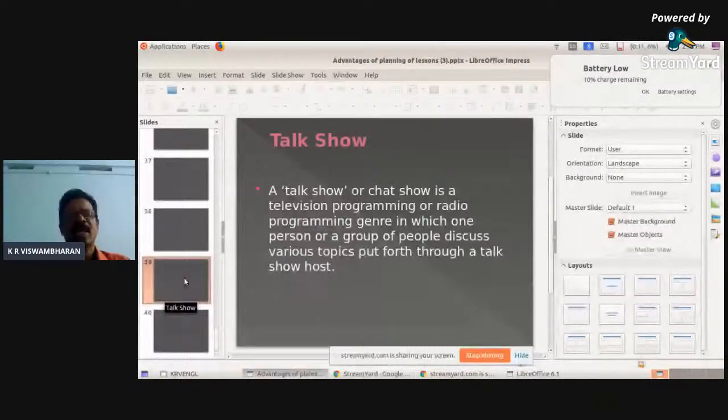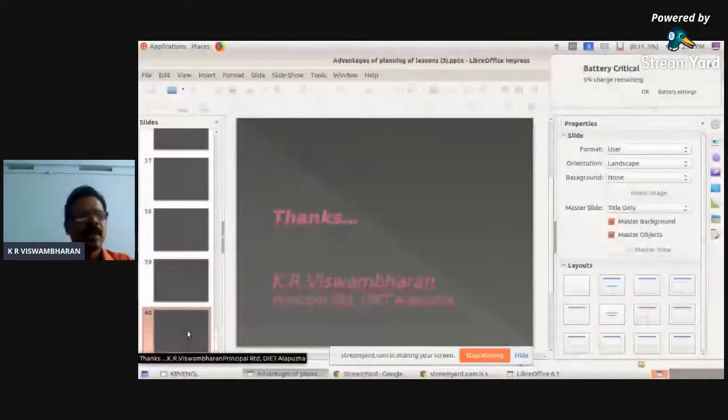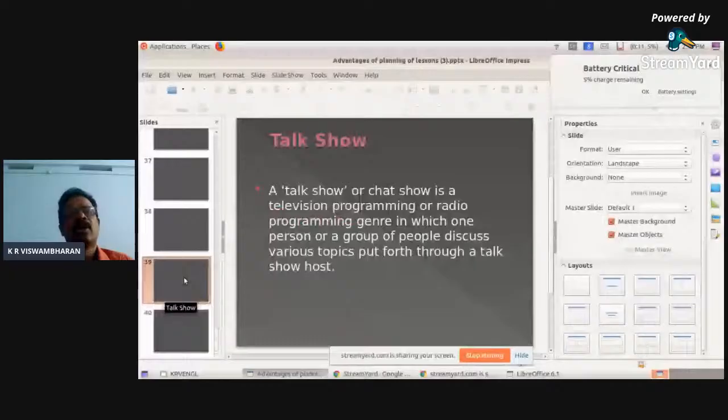And there will be a host, and there will be an interaction between the presenter and the host. It's very interesting. You can conduct a talk show with your colleagues, your teachers, your principals, and you can even arrange a simple radio programme.